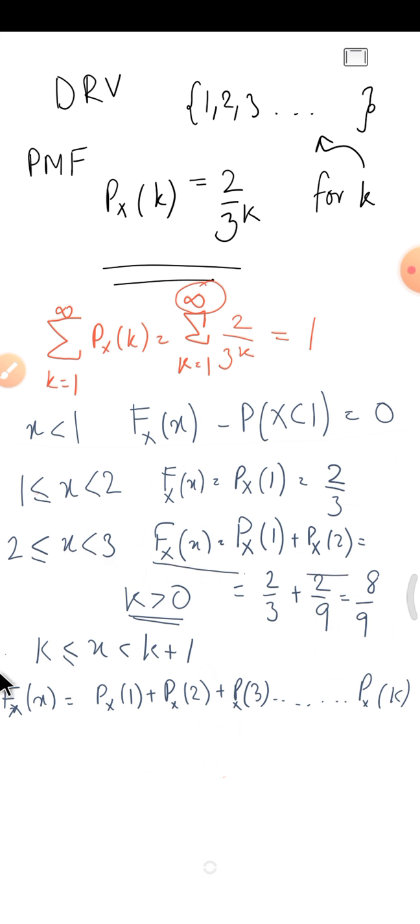Okay, so we can observe that it is just this GP that we were solving above: 2 by 3 plus 2 by 9 plus 2 by 27 up to (2/3) raised to power k. So now here we will be using the actual formula for GP.